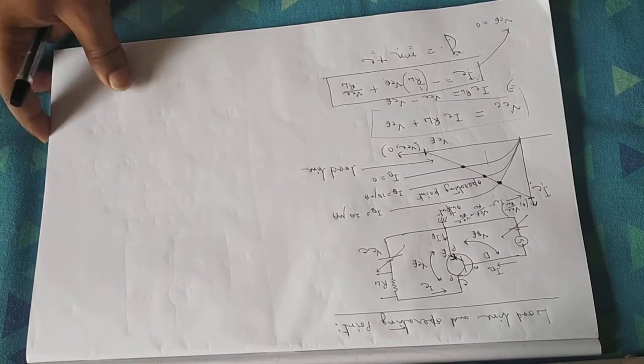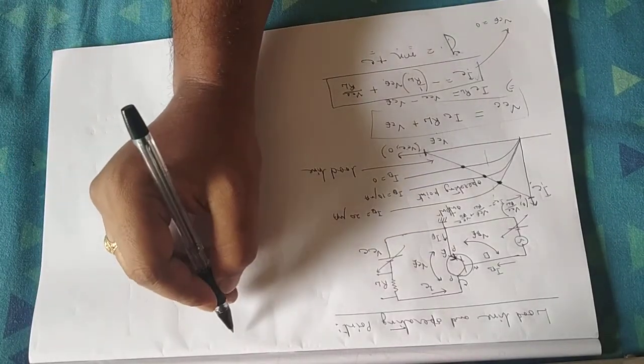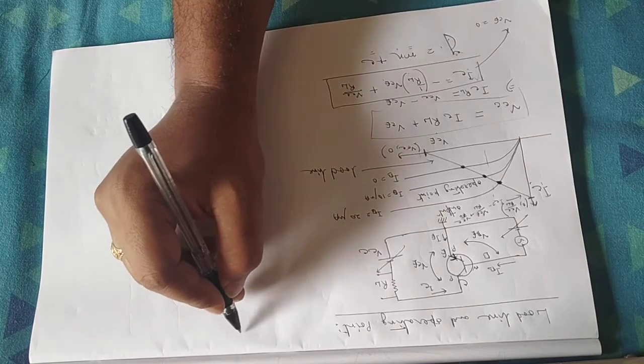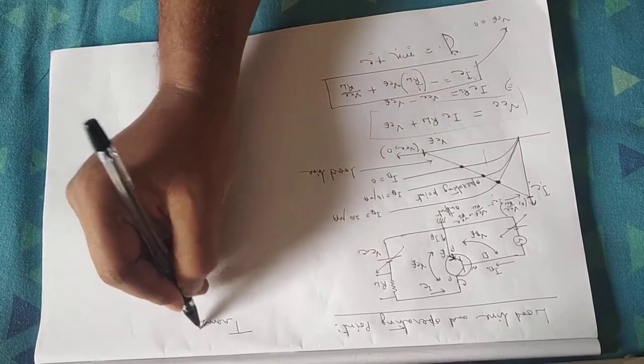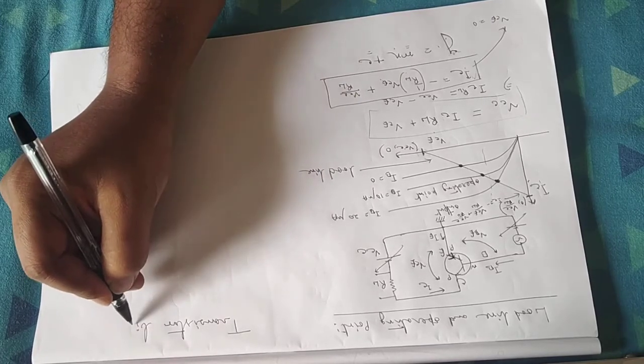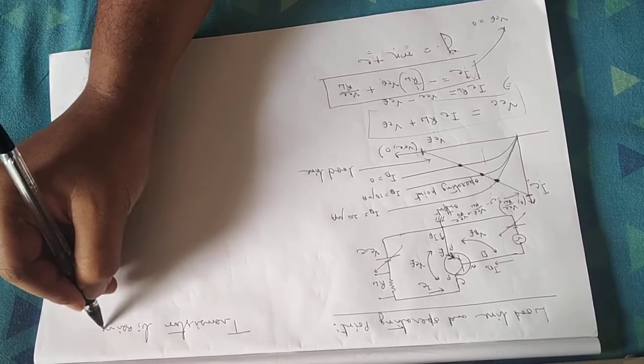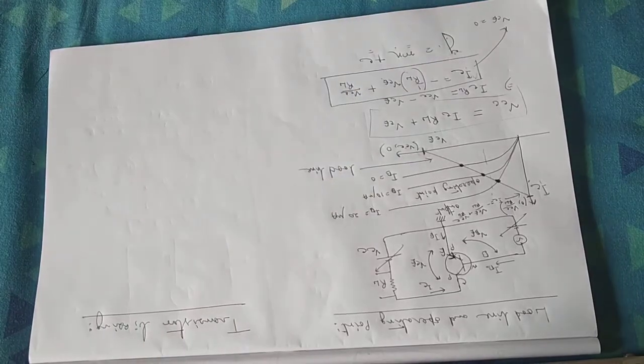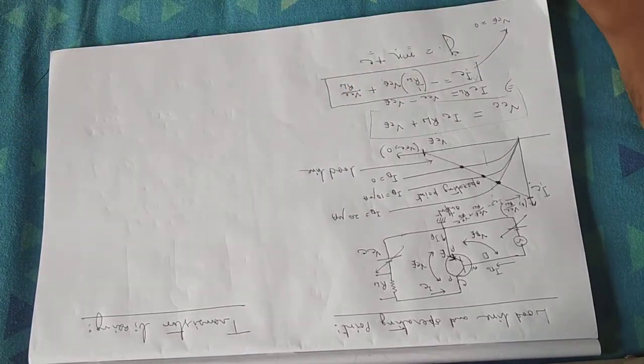Now let us start transistor biasing. How many types of transistor biasing are possible, and which biasing is good? How do we analyze it?